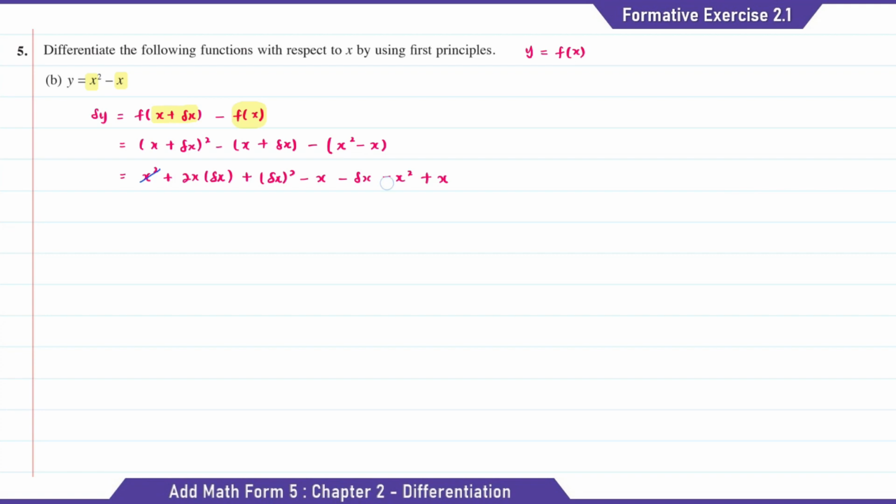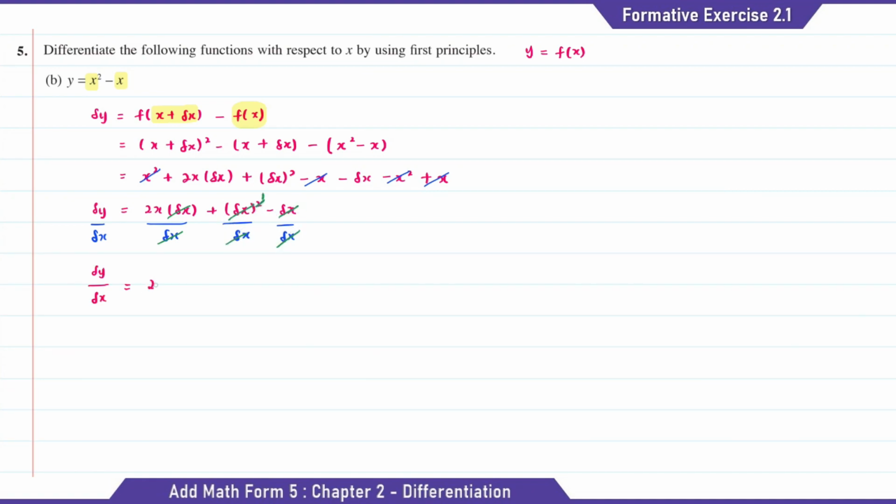So here x squared minus x squared will be cancelled, negative x plus x will be cancelled. Then delta y is equal to 2x delta x plus delta x squared minus delta x. Next I'm going to divide both sides by delta x. So here the delta x will be cancelled.